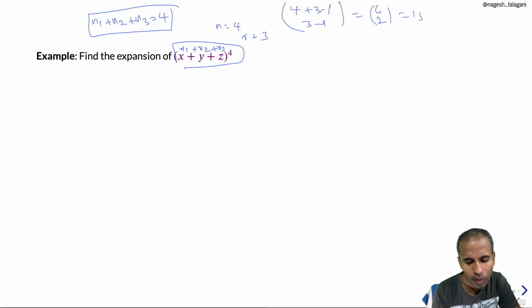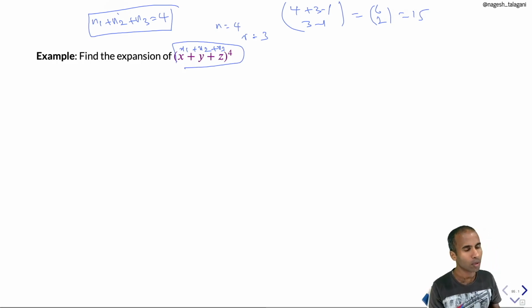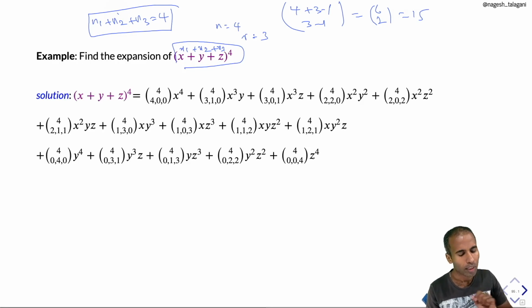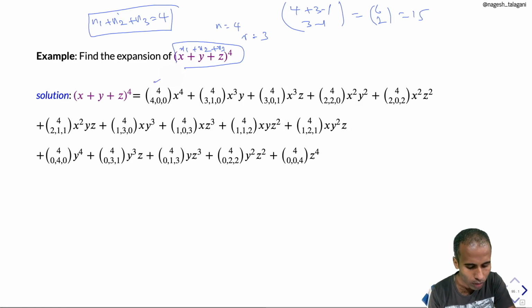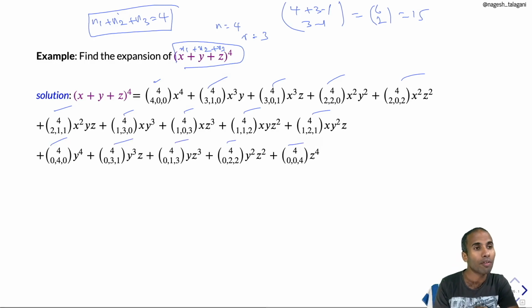So there will be 15 terms. For every non-negative integer solution of this equation there is a corresponding term in the expansion, right? So using the multinomial theorem the expansion will be like this. 1, 2, 3, 4, 5, 6, 7, 8, 9, 10, 11, 12, 13, 14, 15, yes, a total of 15 terms.